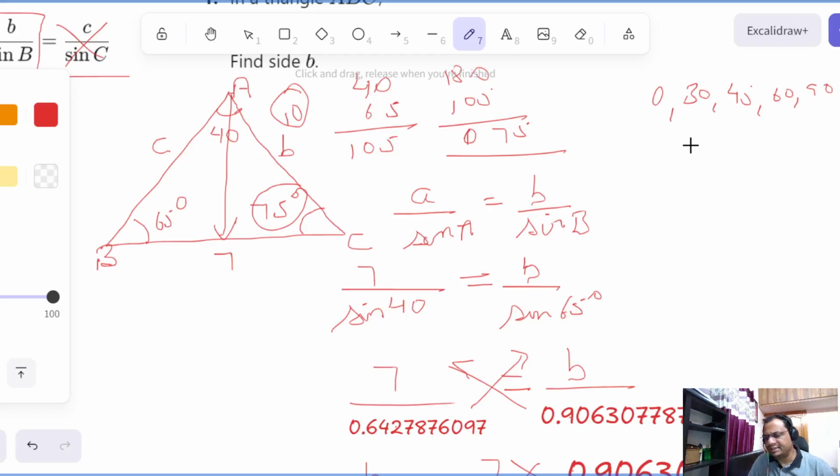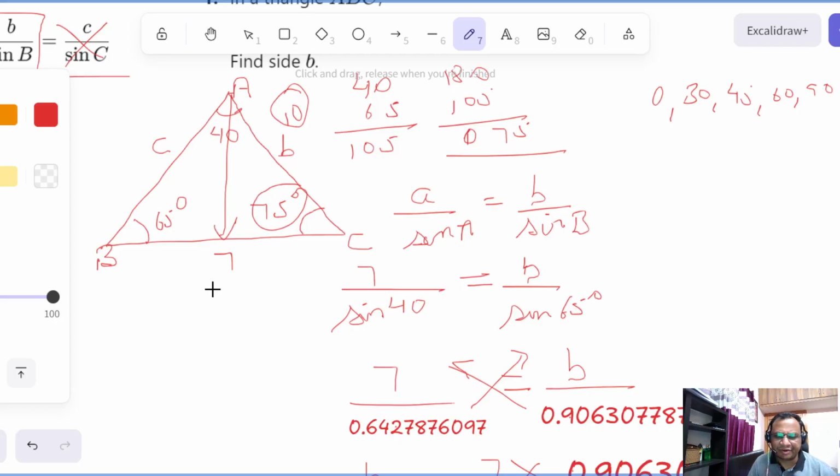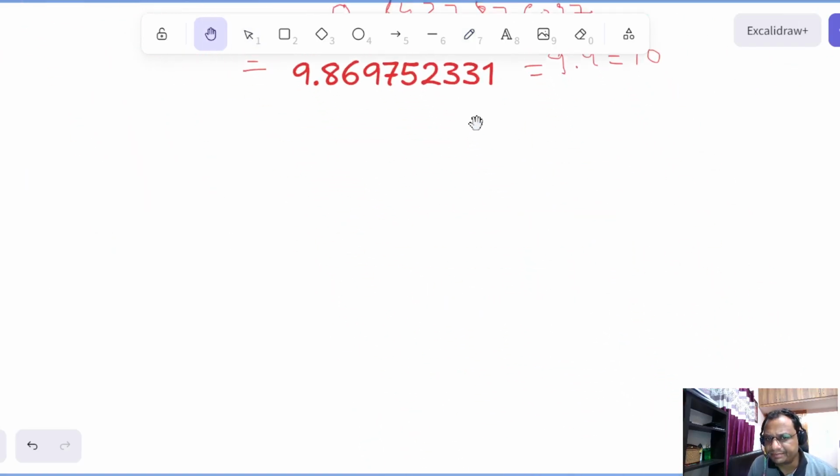But for angles apart from these, like 65 and 75 here, we have to use the Desmos calculator to find the values. Make sense? All good, right? So let's continue, and let's take one more example for sine law, and then we'll come to cosine.